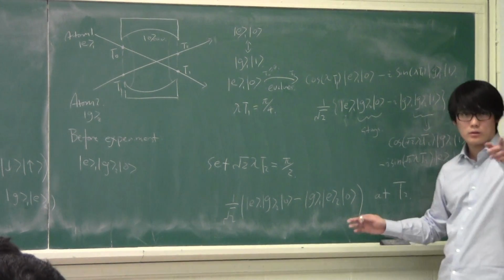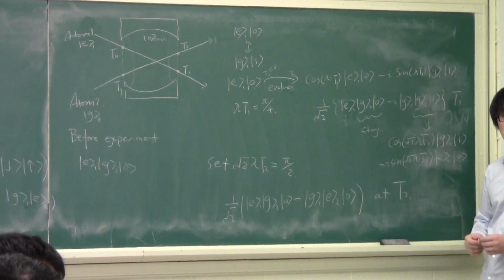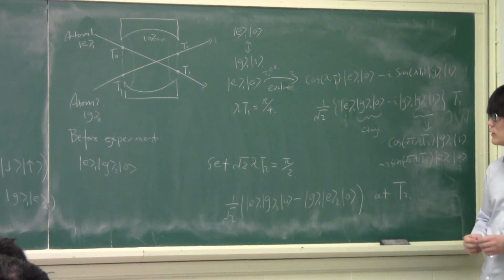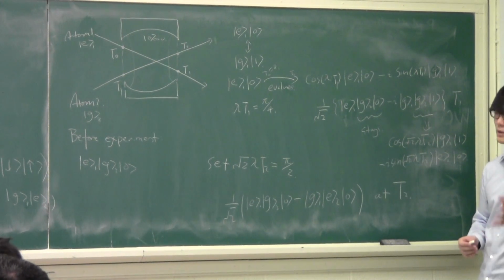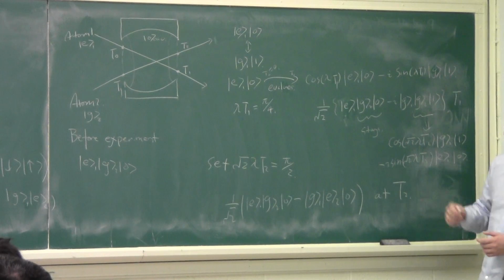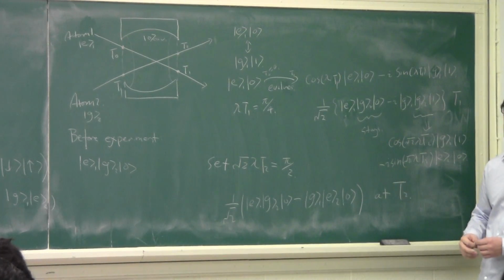Question: is there any well-known method to set this velocity in practice? There is, and the method is by using some lasers, but it's very complicated and I don't want to go into detail here. Later we will consider something more realistic, because right now this is very ideal.